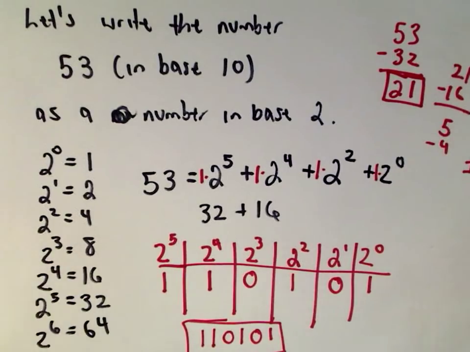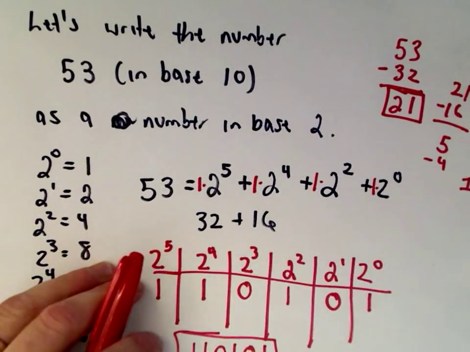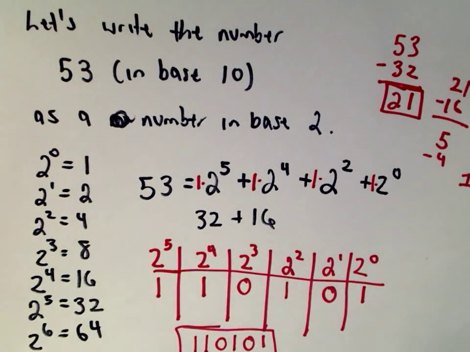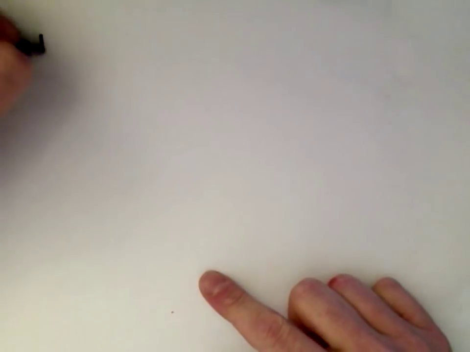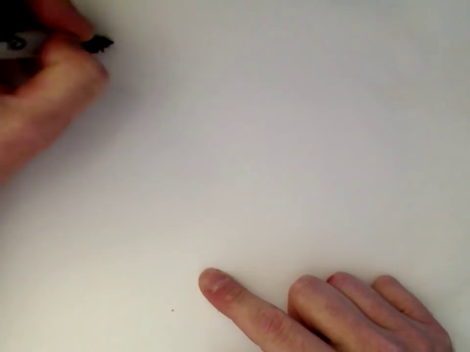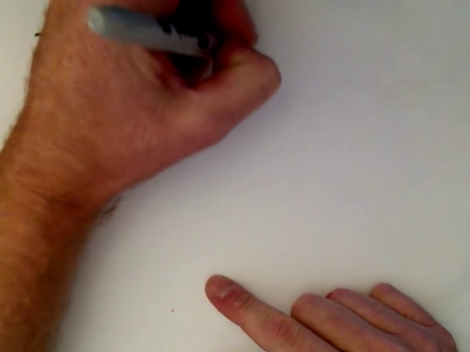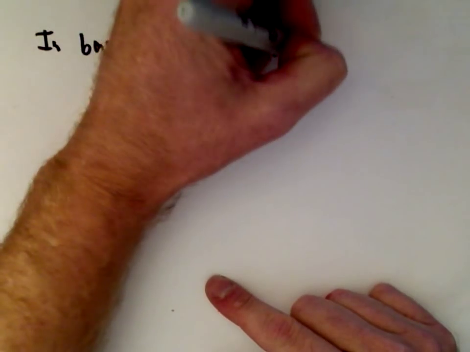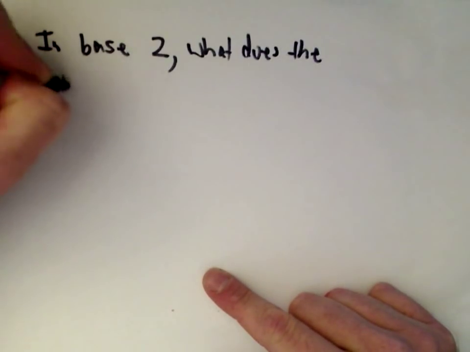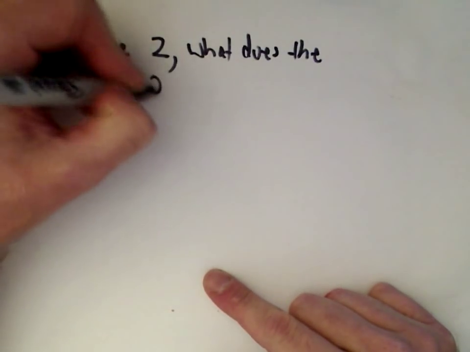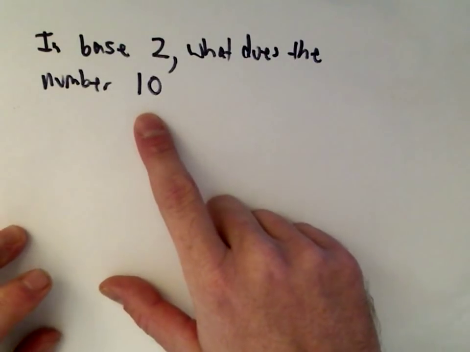Excuse me. So I think I said let's pick a number in base 5. One other thing I want to point out as well, one other thing that I think is interesting. In base 2, what does the number 10 represent?